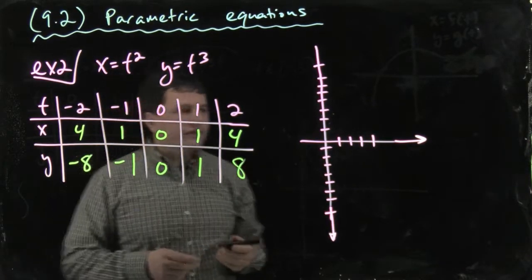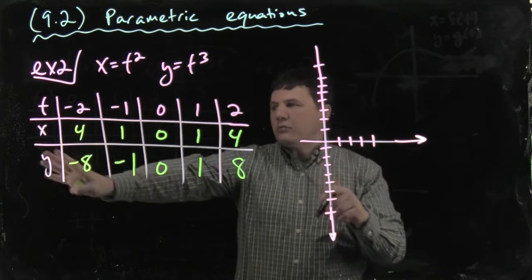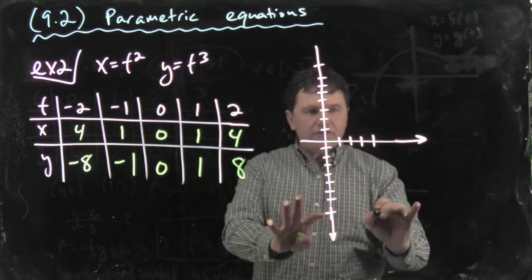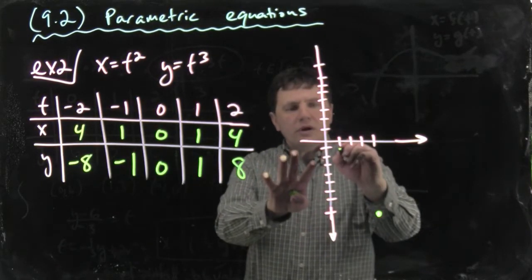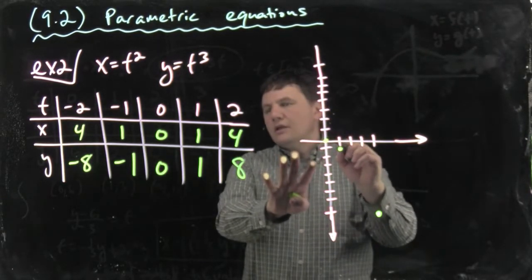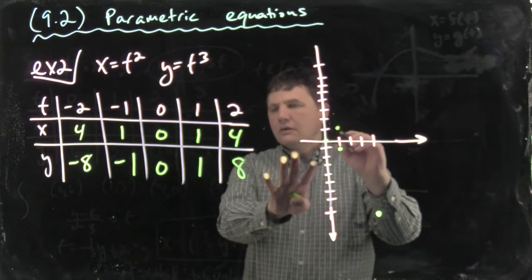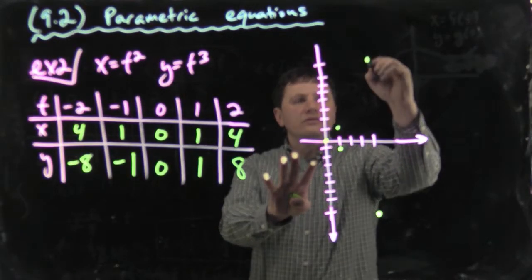So let's plot these points. We have 4, -8. This part we plot just like always. Then 1, -1. 0, 0. Then we have 1, 1. And then 4, 8. And we get something that looks like this.